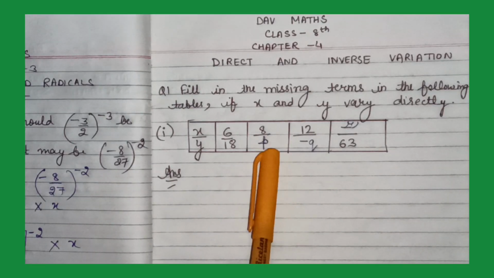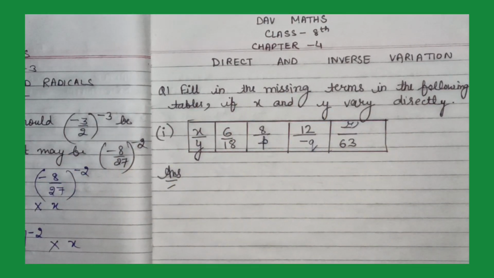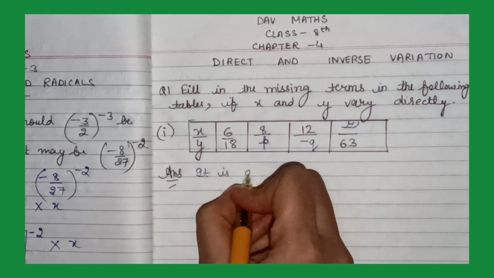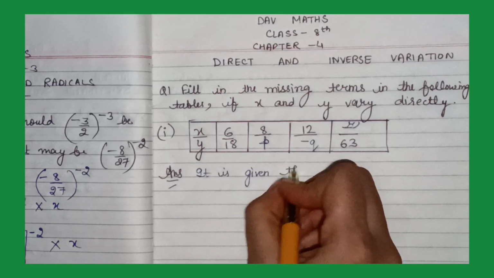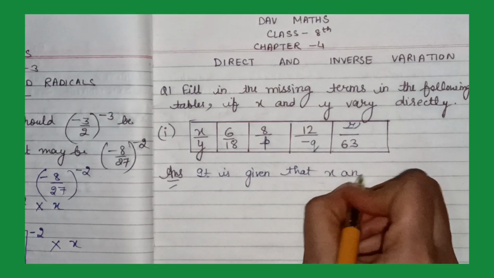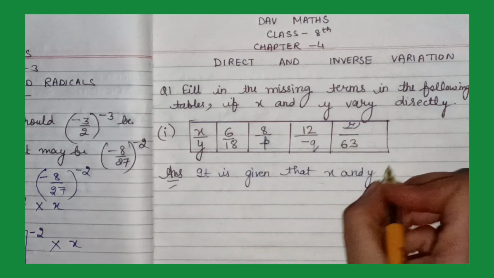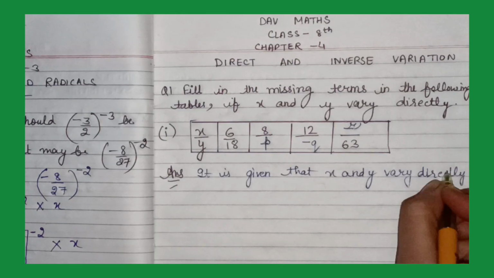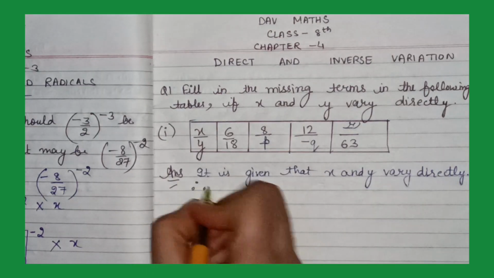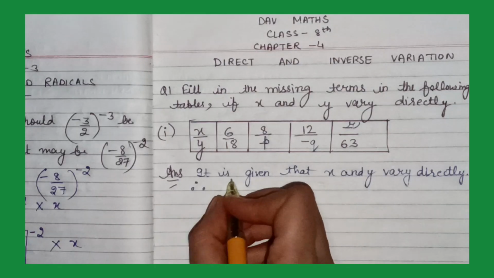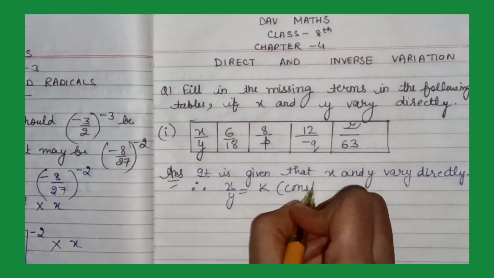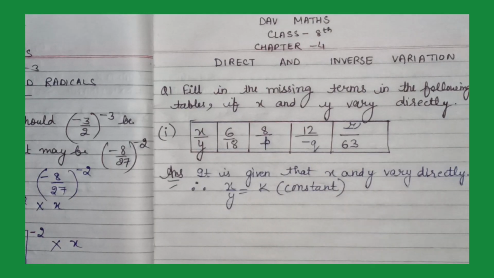Now we find the values of P, Q and R by direct variation. It is given that x and y vary directly. The formula to find the direct variation is x upon y is equal to K, where K is constant.